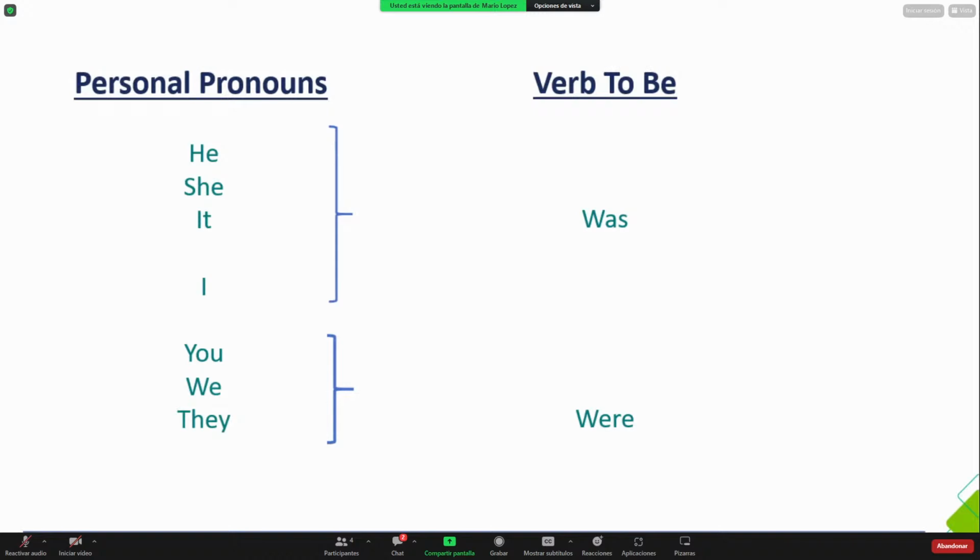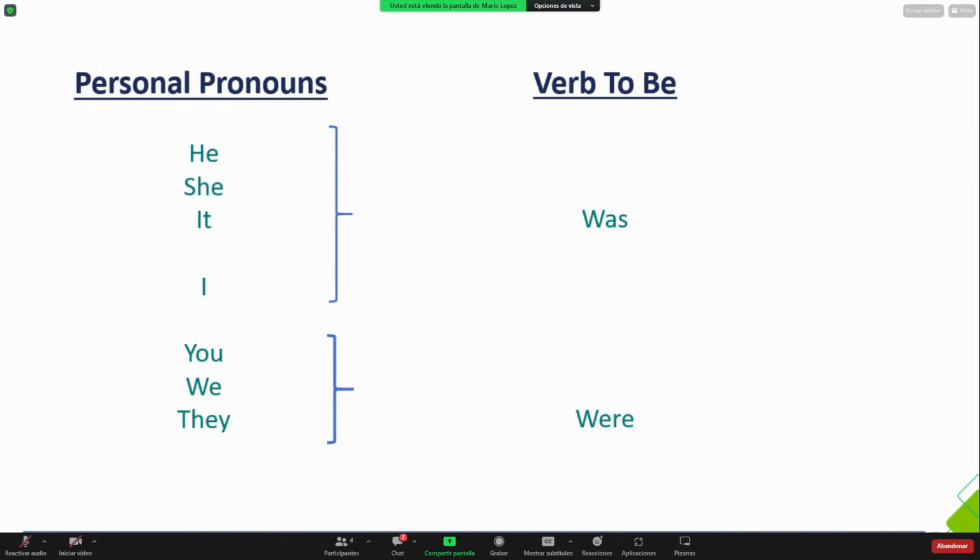The verb be is divided in two, was and were. So he, she, it, and I are going to use was, and you, we, they are going to use were. O sea, el he, el she, el it y el I van a usar was, you, we, they van a usar were.